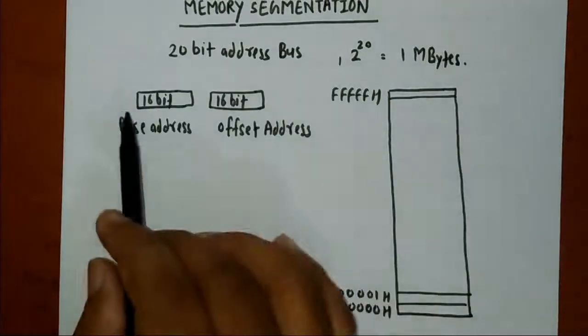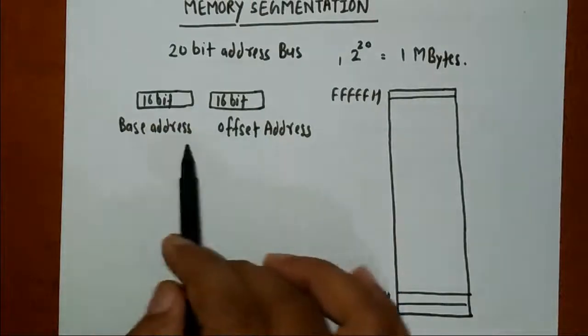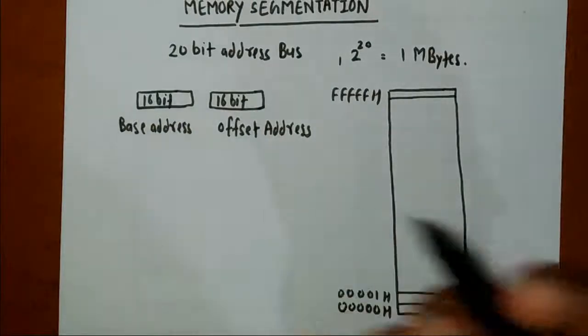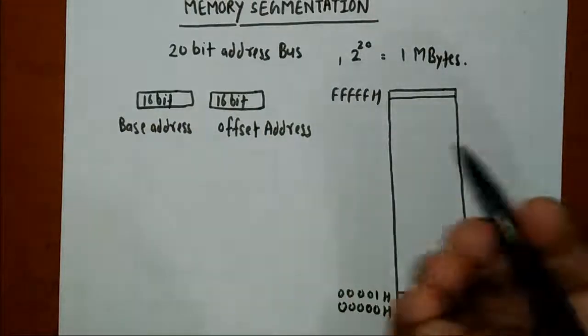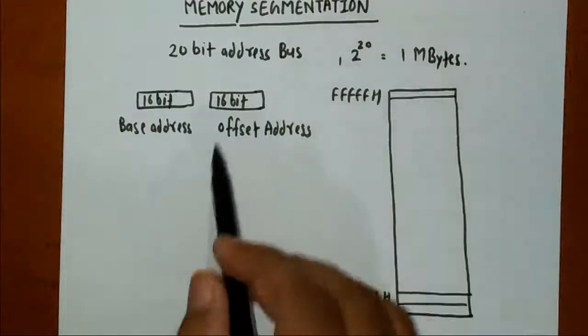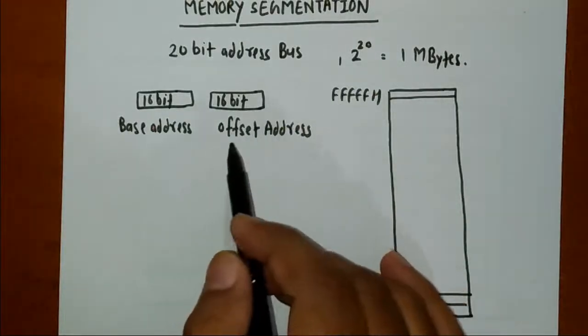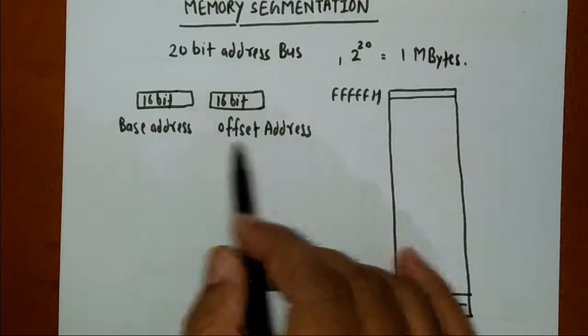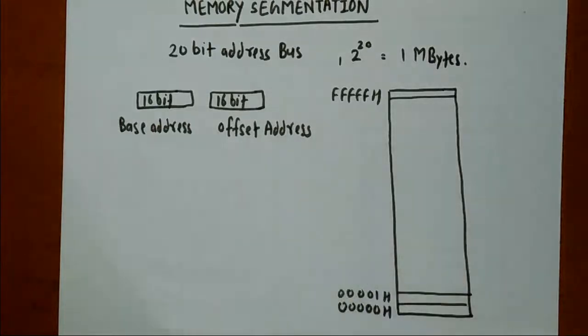And those two 16-bit registers are, one is the base address, that will be generally the code segment register, data segment register. Those will contain the base address of a particular segment. And the next 16-bit is used to represent the offset address. Okay, I will explain what these two things are.